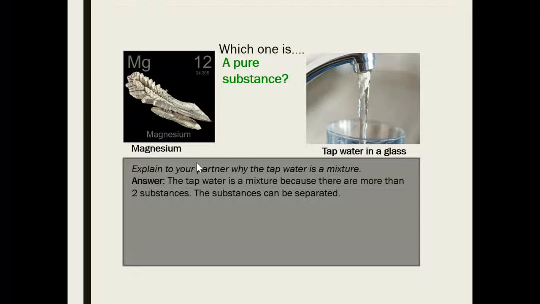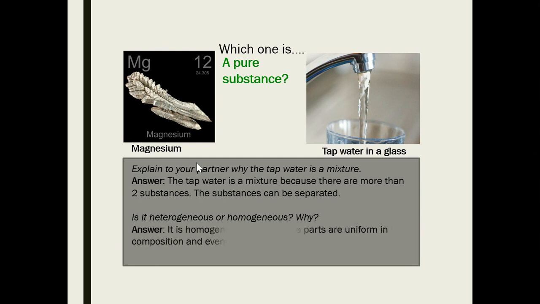Is the tap water homogeneous or heterogeneous? Well, that's going to be homogeneous because you can't really see the parts, but you know they're there. And magnesium would be an element because magnesium is on the periodic table. So a little bit of practice in looking at different components and deciding whether or not they're homogeneous or heterogeneous, mixture or compound.